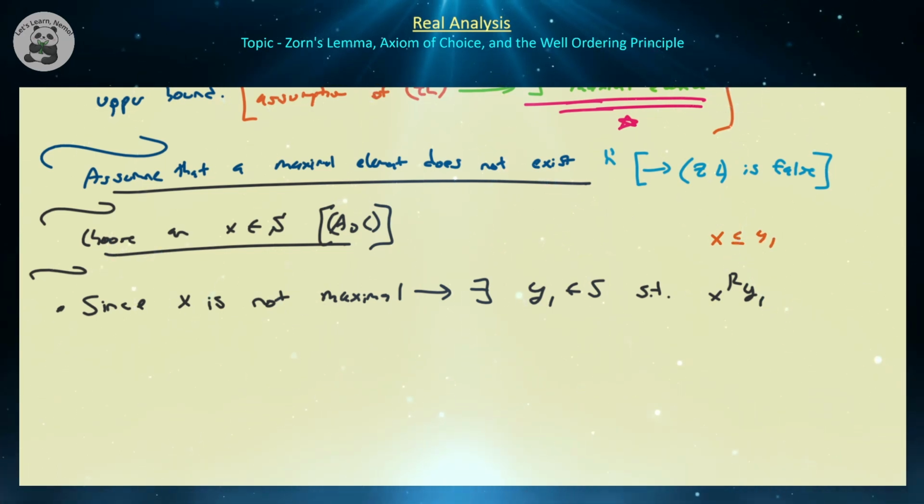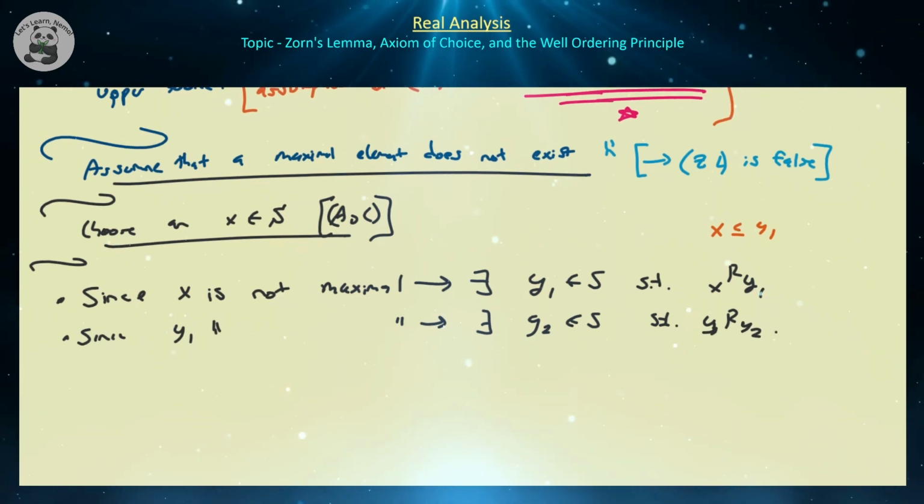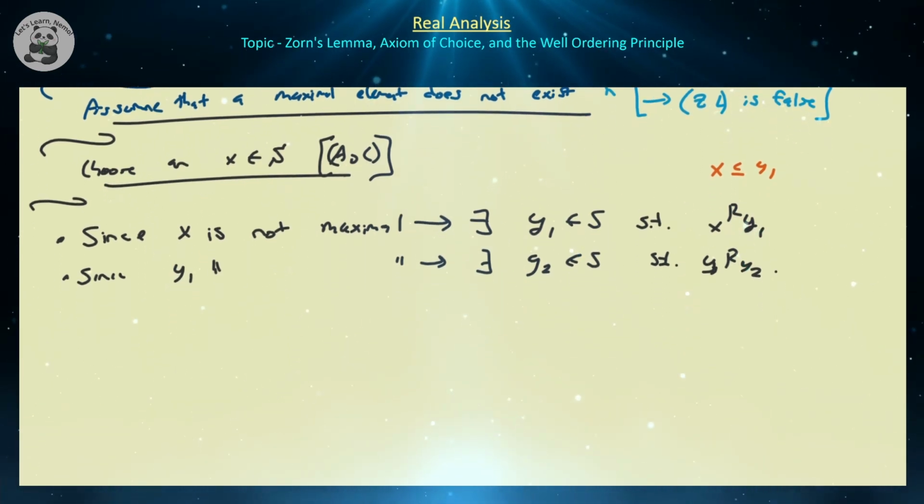It's just a different notation. So, continuing in this fashion, since y1 also is not maximal, there exists another element, y2 in S, such that y1 is related to y2. Fair? So we're going to continue this on and on and on.